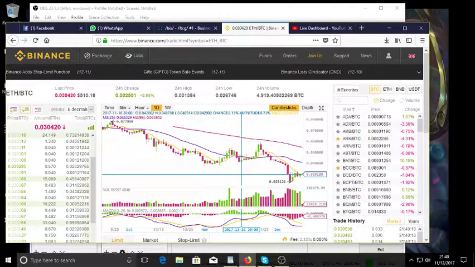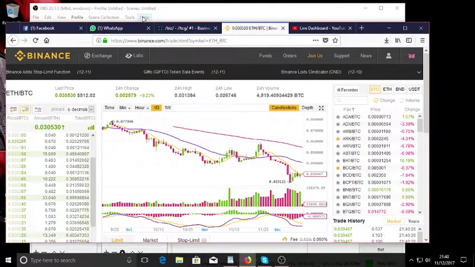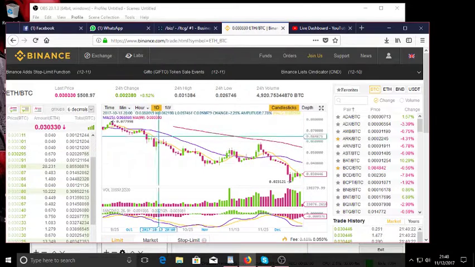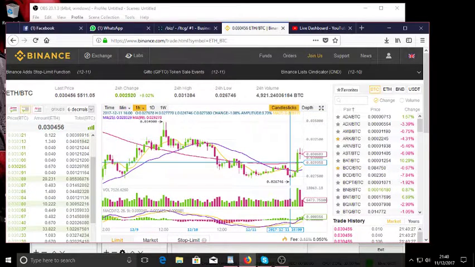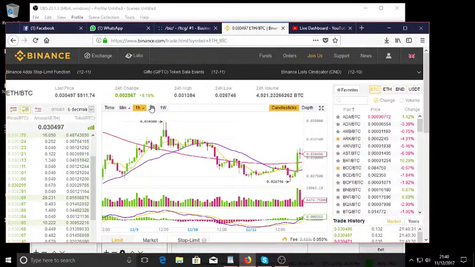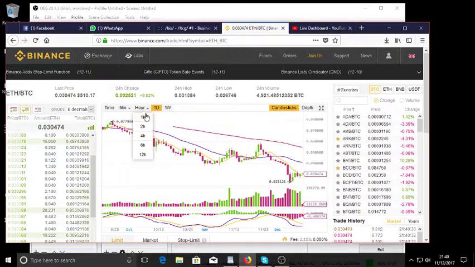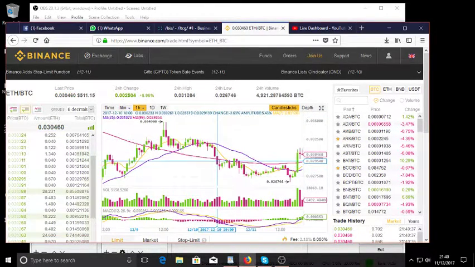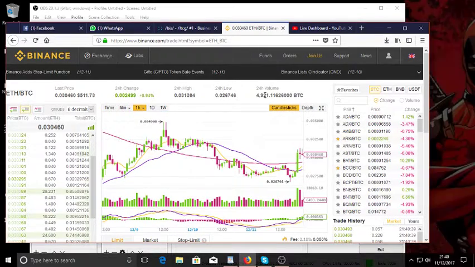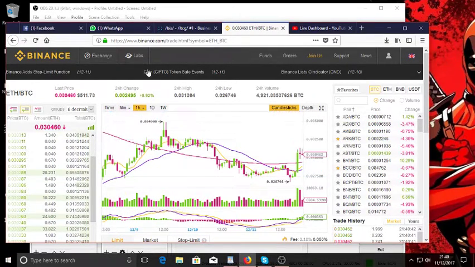What these candlesticks do is show your price for a certain period of time. Let's say one hour. So these are one-hour candlesticks. Over the last 24 hours, this has been the movement of Ethereum relative to Bitcoin.